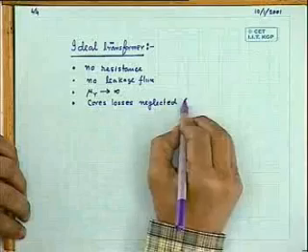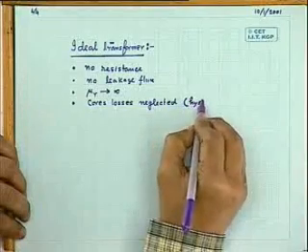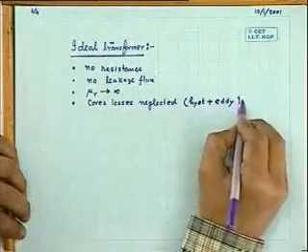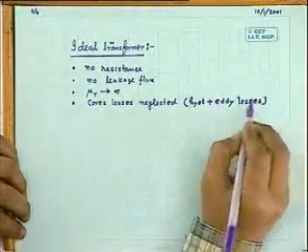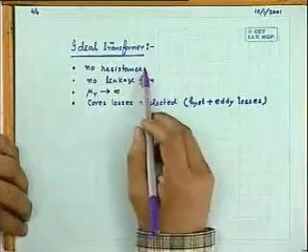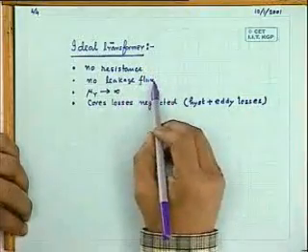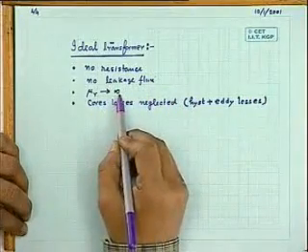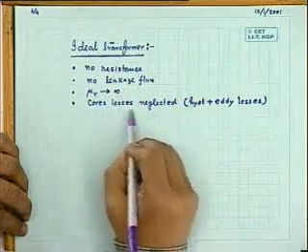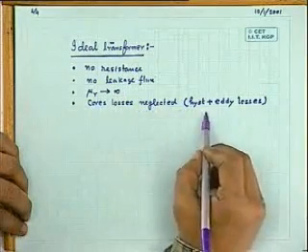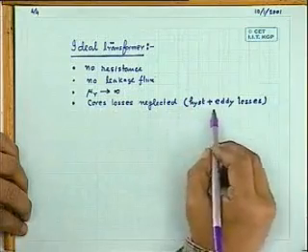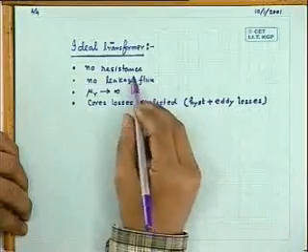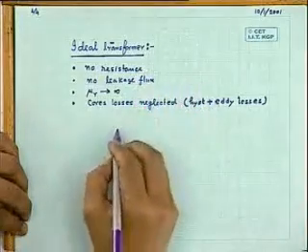By core losses, I mean hysteresis plus eddy current losses. So, in a transformer having zero resistance, no leakage flux, very large permeability of the core and core losses totally neglected, we try to develop or analyze an ideal transformer.